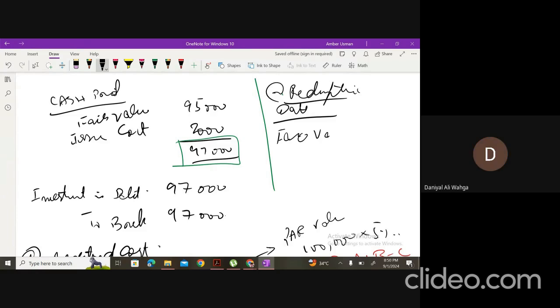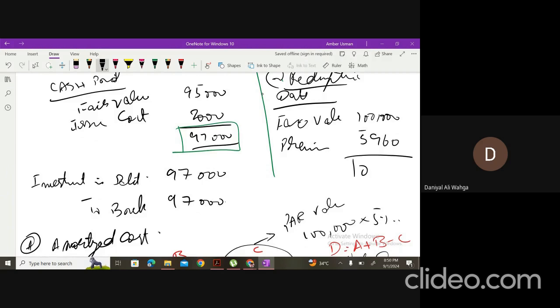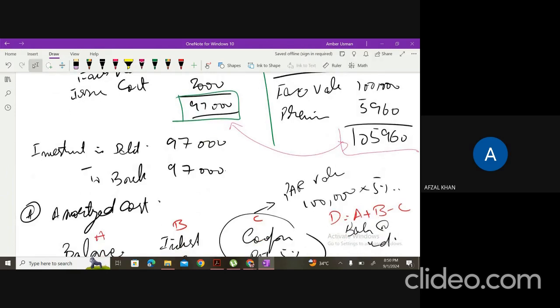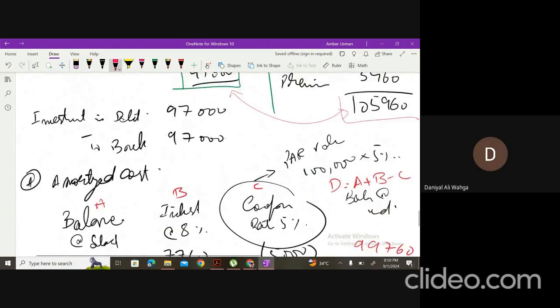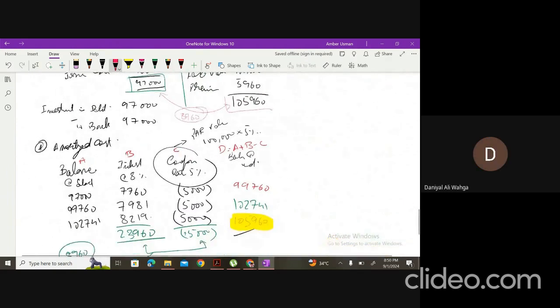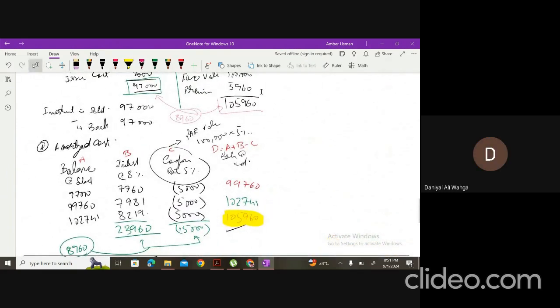You're getting the face value of 100,000 plus a premium of 5,960, which is 105,960. Take the difference of these two amounts: 105,960 minus 97,000 is 8,960. That is the same amount.